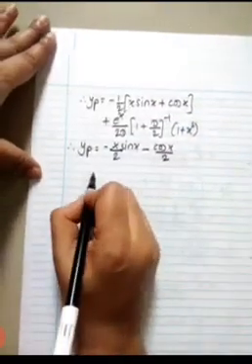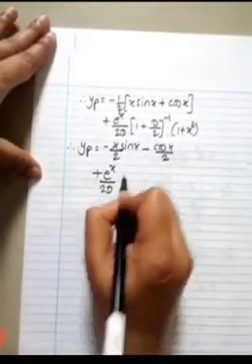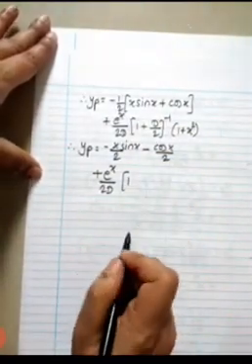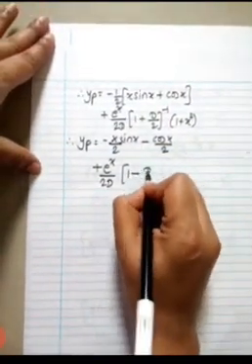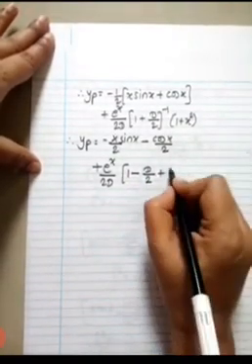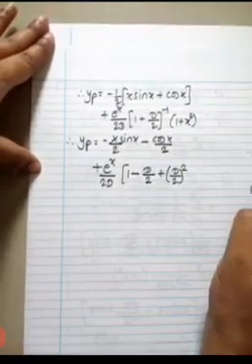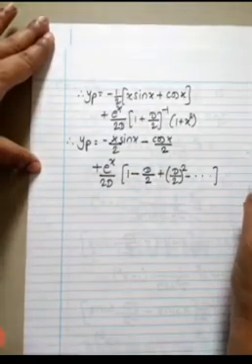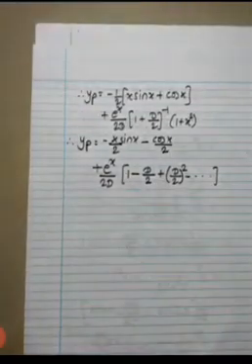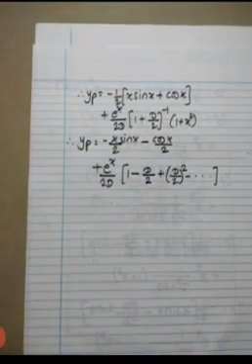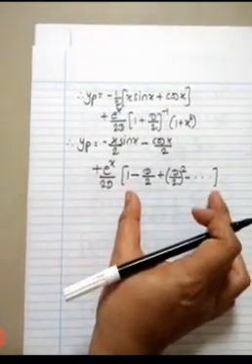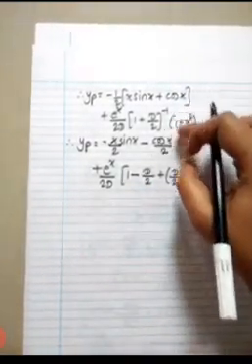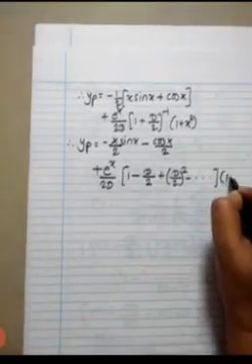plus e raised to x by 2d into, now expand this, so 1 minus d by 2 plus d by 2 square minus, and so on, into 1 plus x square. Am I right or wrong? I will write up to square only, as here it is square, we'll stop, and so on.